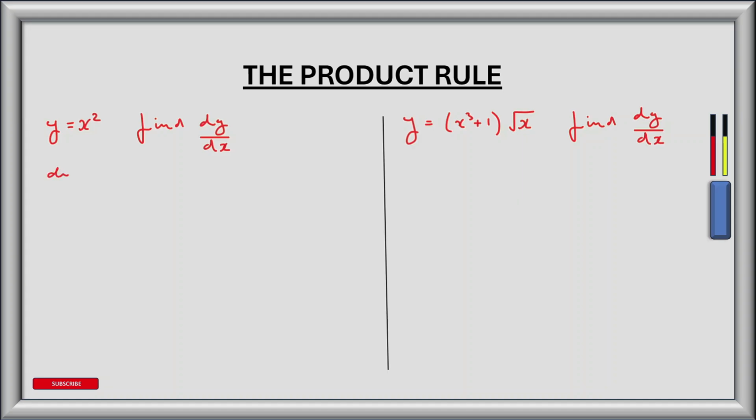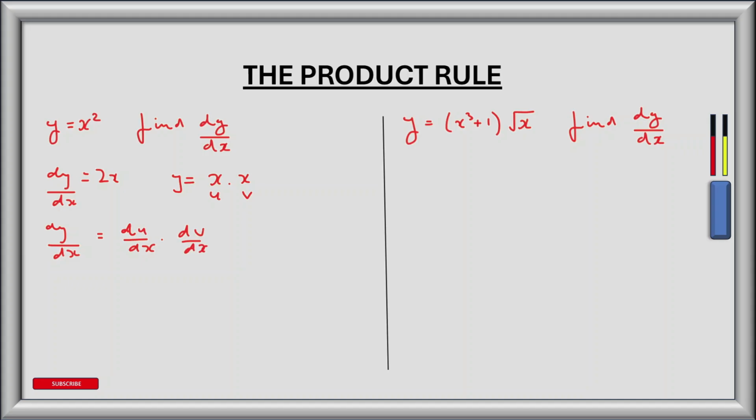Now we know the derivative of x squared is 2x. So let's suppose that y is equal to x times x. We make the first x u and the second x v. Then if that were true, dy by dx would equal du by dx multiplied by dv by dx.